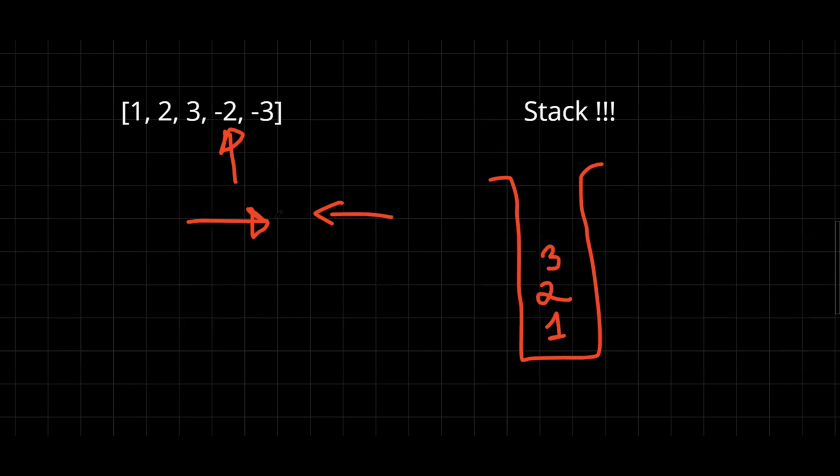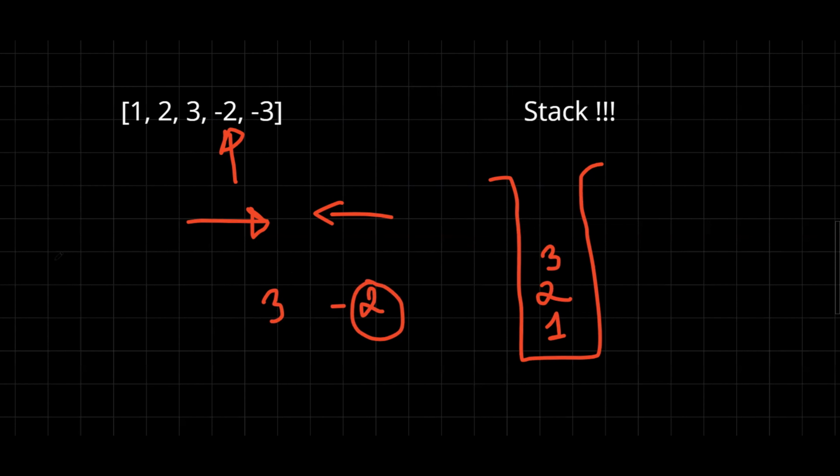The nearest asteroid for this element -2 will be the top element of the stack, which is 3. If asteroid 3 collides with asteroid -2, the -2 will vanish because the strength of -2 is 2, which is less than the element 3. So here, these two will be vanished.